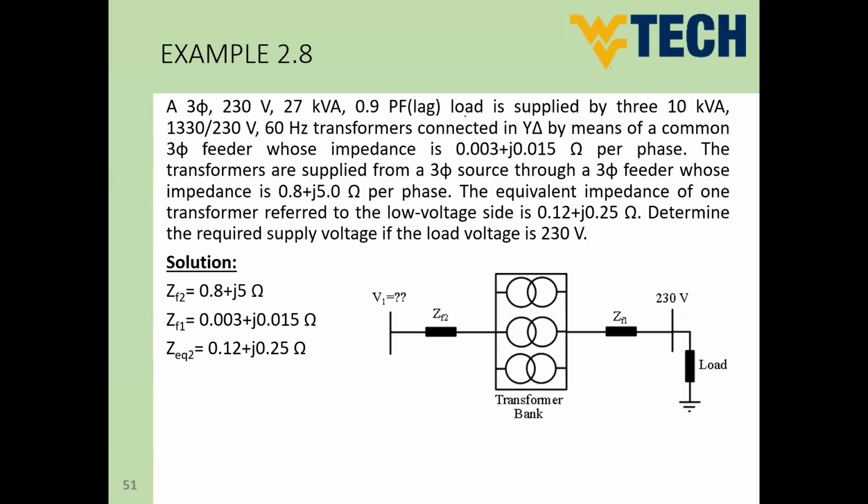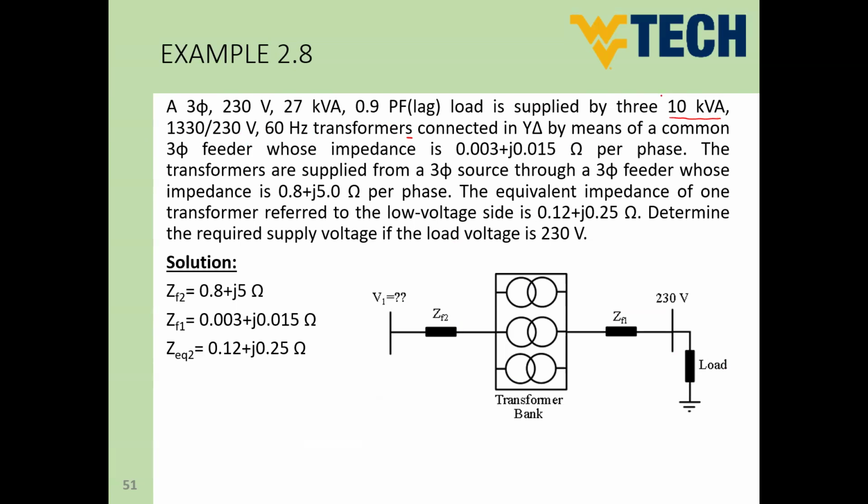He says this load is supplied by three 10 kVA 1330 over 230 volt 60 hertz transformers. So again, these are three single phase transformers, and the ratings and the voltages here are for the single phase one. So we have three transformers. Every transformer is 10 kVA, and this is the volt of every single phase.